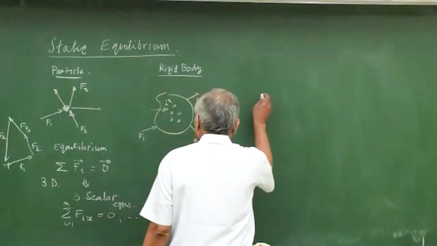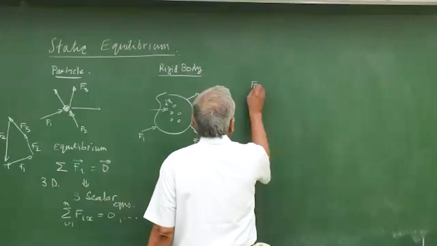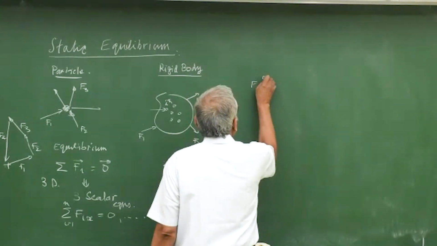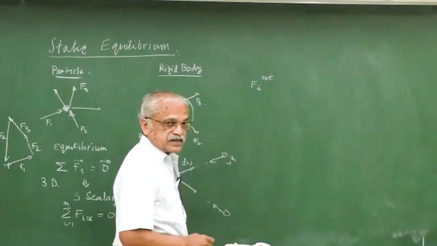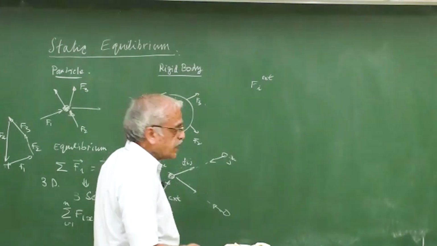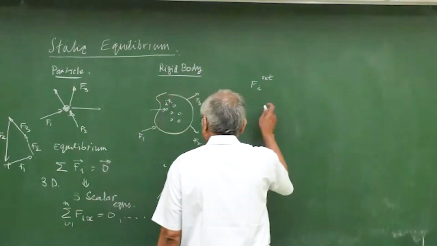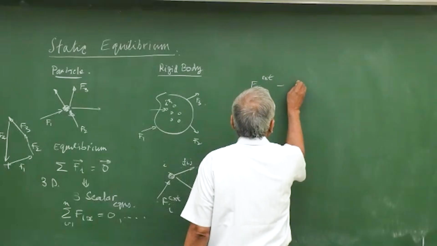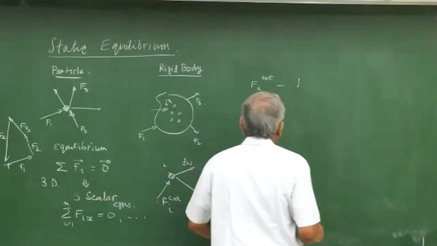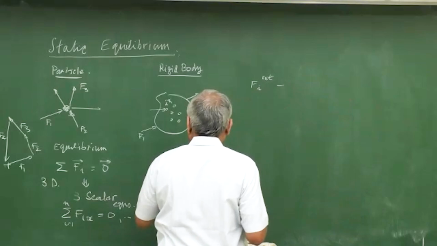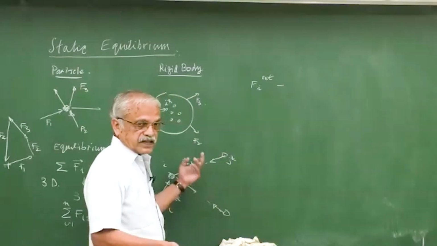Something like this. I'll put Fi ext, saying that these are the external forces. And apart from this, I have all these things: you can say Fi1, Fi2, Fi3, and so on.